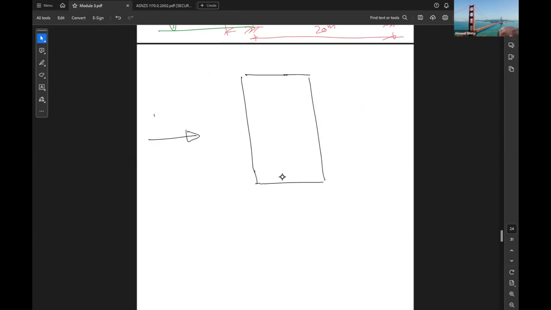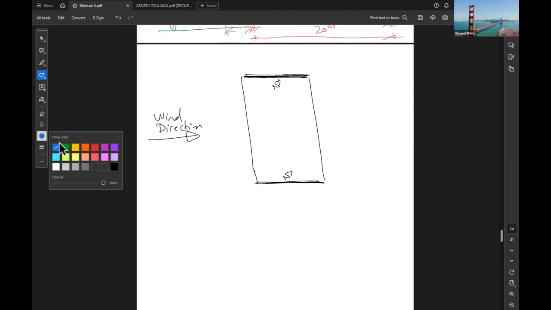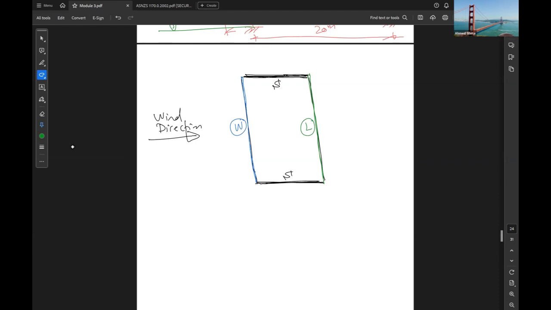When the wind is coming from here, which walls are the side walls? These two, right? The blue one is windward, and the green one is leeward.